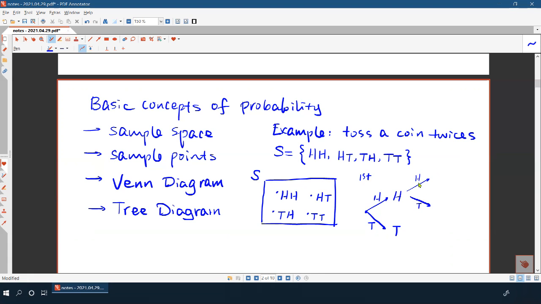Again, if you toss an H for the second toss, you will have a final outcome of HH. And following the same principle, you can also have final outcomes of HT, TH, and TT. This is called a tree diagram, right?